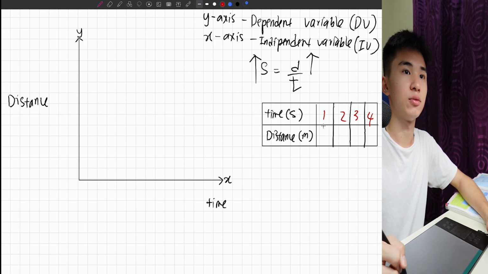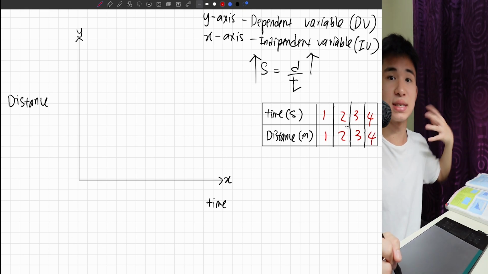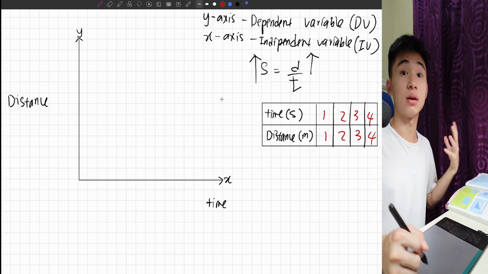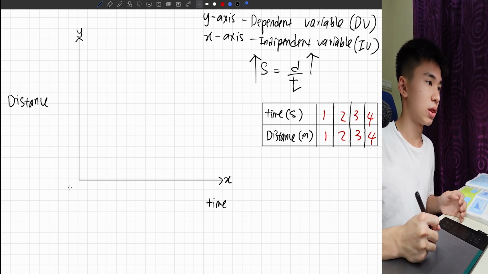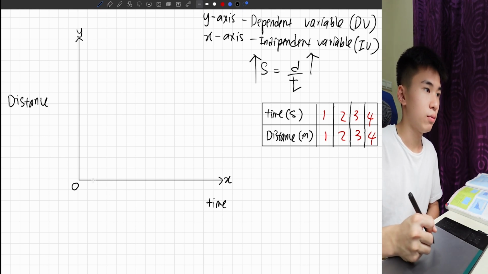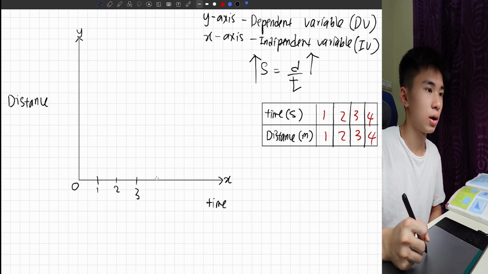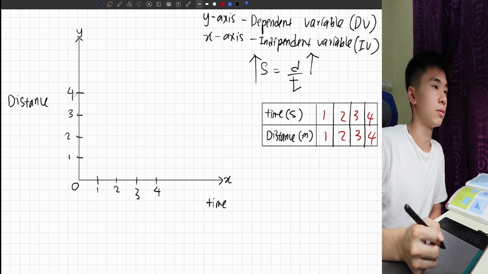To make it simpler so that I could explain it in a less complicated way, I'm going to start with 0. So my time will be 0, 1, 2, 3, and 4, and my distance will be 0, 1, 2, 3, and 4.